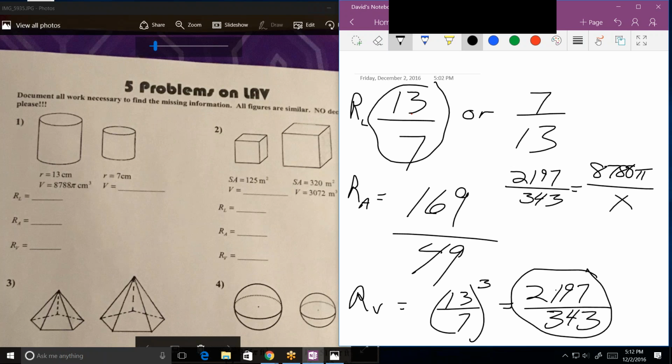Do you have a calculator in front of you? I do, but he wants us to write it down first, which is very annoying. Okay, so that's what you want to write. And then that ratio. In other words, the volume of the big is this ratio relative to the volume of the small.